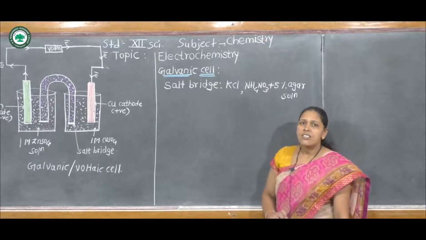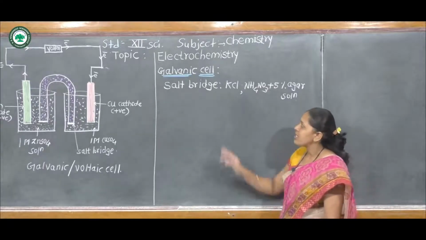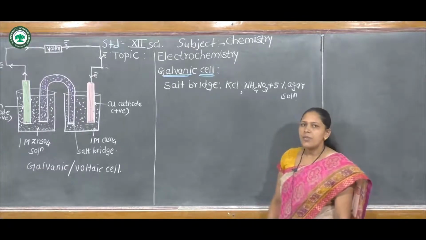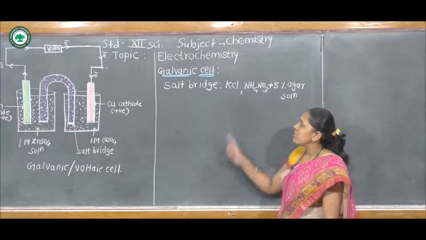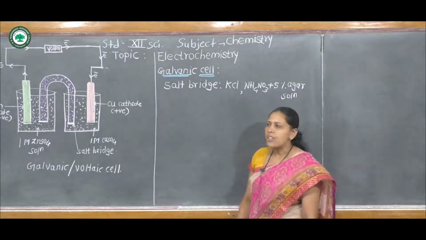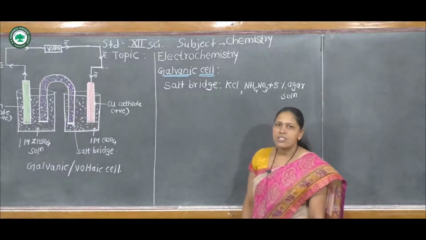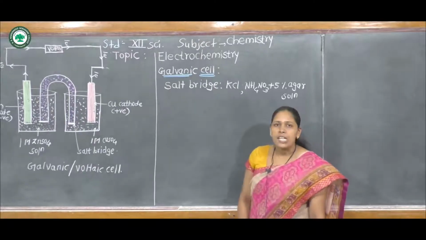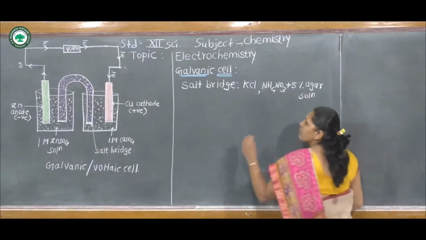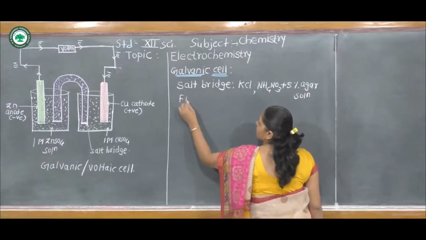The ions in the salt bridge, that means KCl, contain K+ and Cl- ions. These ions cannot undergo either oxidation or reduction, and cannot participate in the electrochemical reaction. Then what are the functions of the salt bridge?